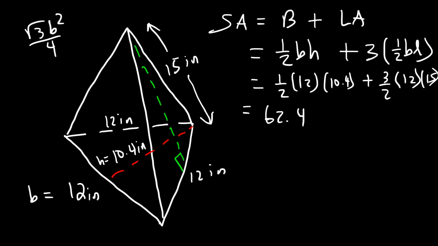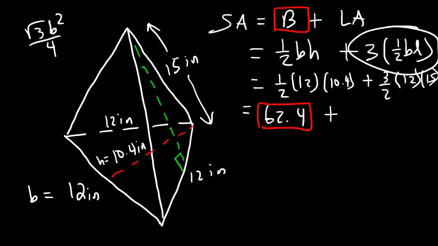So that's the area of the base. Now to find the lateral area, it's basically 3 over 2 b times L. So 3 times 12, that's 36, divided by 2, that's 18, times 15, that's 270.